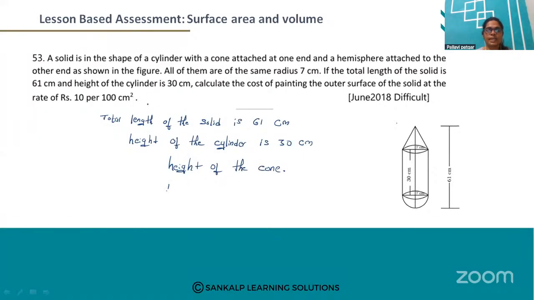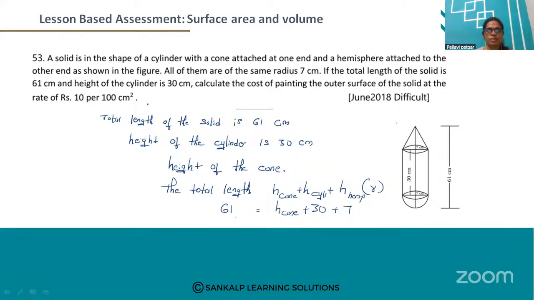So the total length of the solid is equal to height of the cone plus height of the cylinder plus height of the hemisphere, which is the radius, take this as R. So total length 61 is equal to height of the cone, which we don't know, plus height of the cylinder 30 plus radius 7.